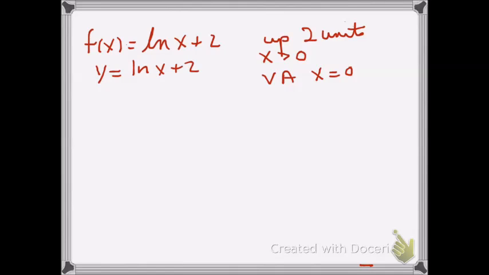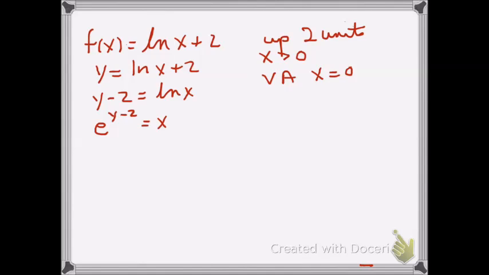I need to isolate that log so I can switch to the exponential form. So y minus 2 is equal to the natural log of x, and the exponential form then becomes e to the y minus 2 is equal to x.